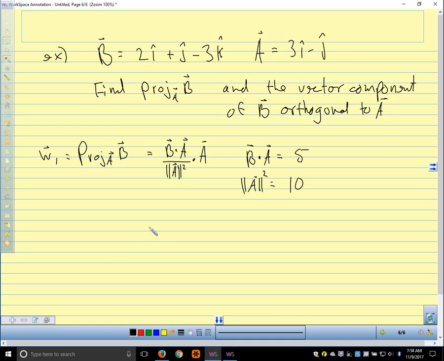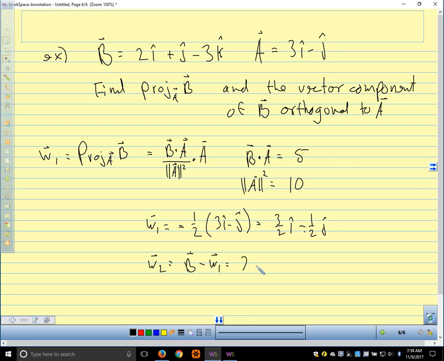So W1 is B dot A over the magnitude of A squared is 1/2 times A. And then I could write it as 3/2 i hat minus 1/2 j hat. And W2 equals B minus W1.